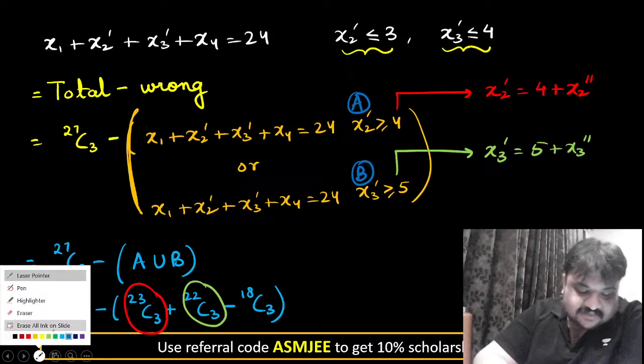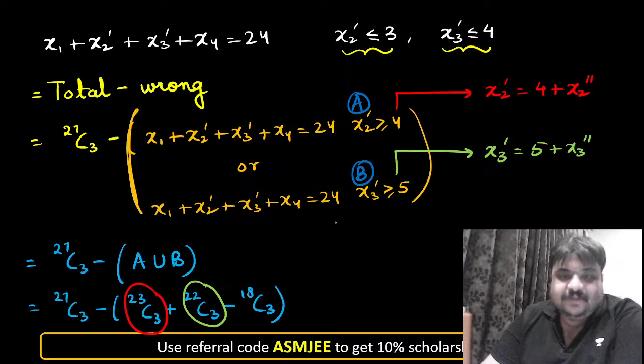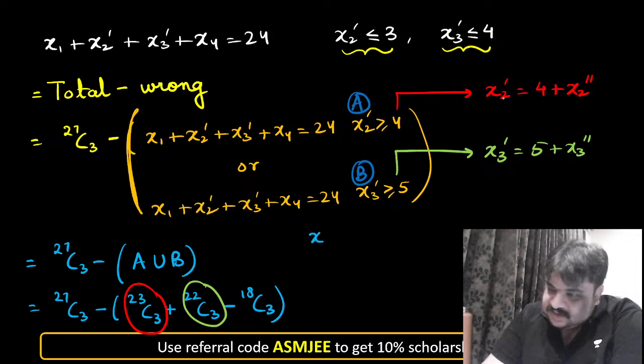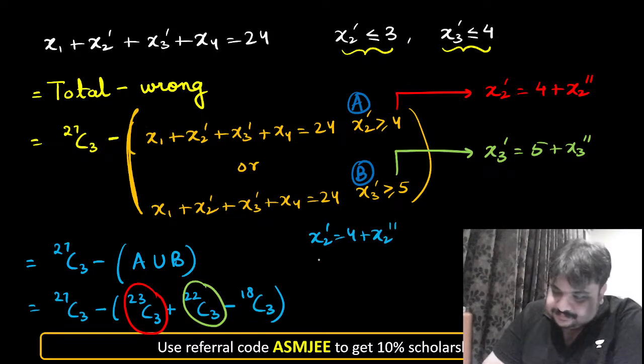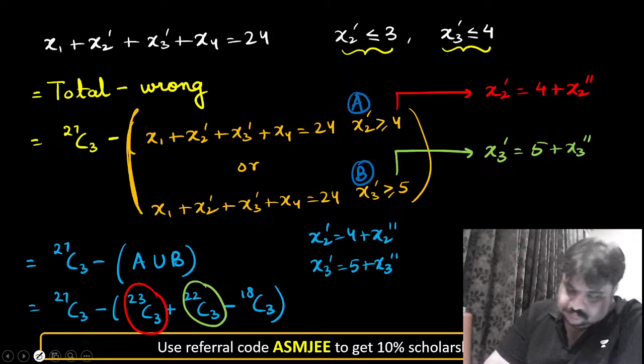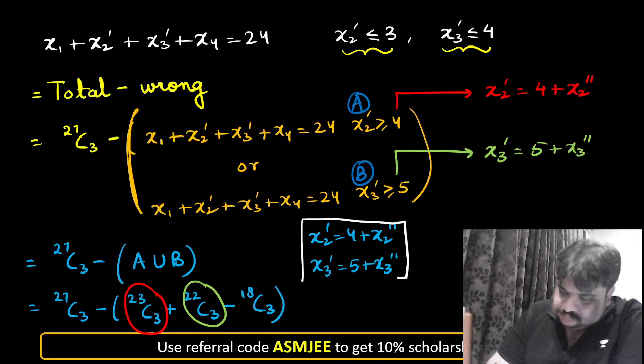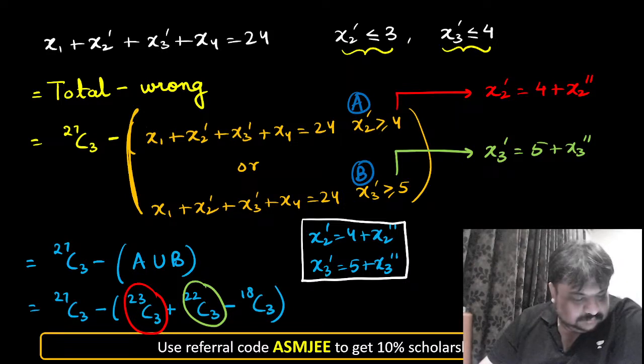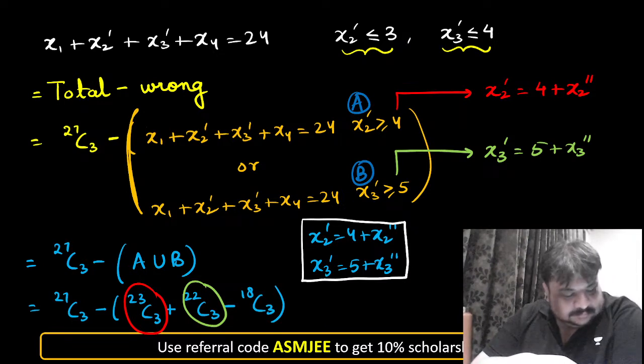Now how will you calculate answer of A and B together? For A and B together, you simply have to use both of them together. These things. Everybody happy? Happy?